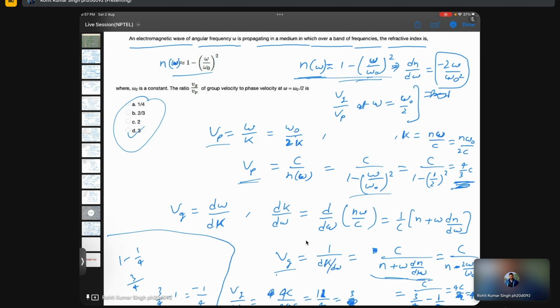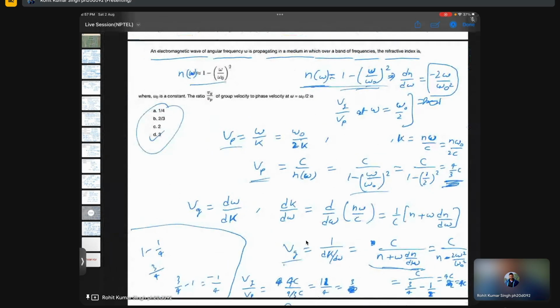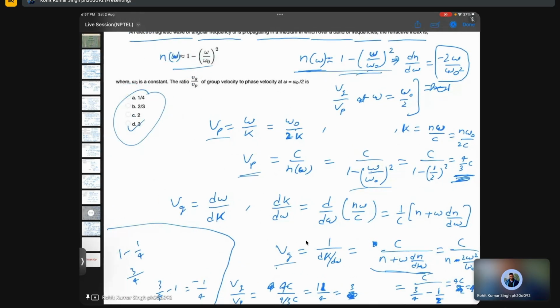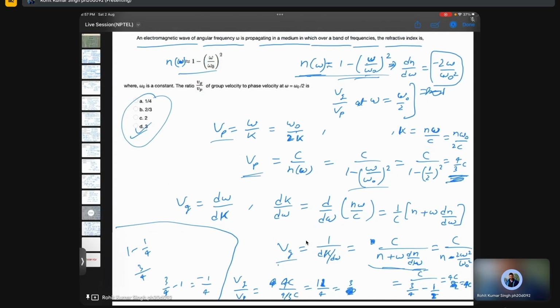I don't know. The group velocity should not exceed the speed of light, as far as I understand. But I'll have to check. But I think we found our correct option, which is D. So everyone is okay with it.